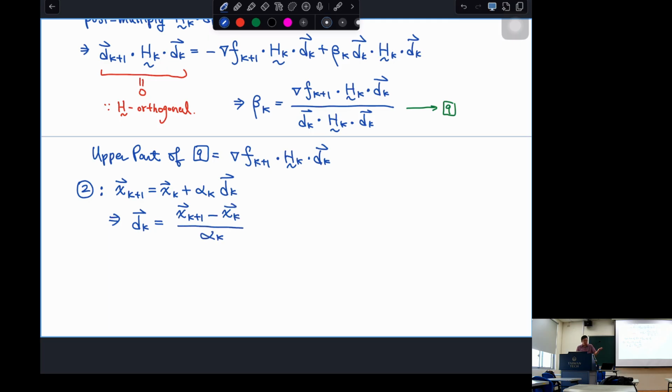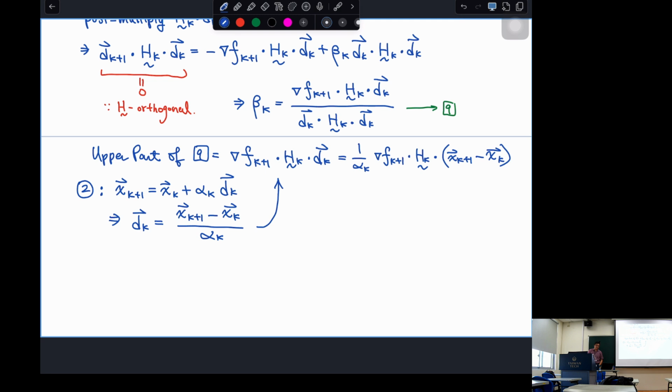Alpha is a scalar, so a vector can be divided by a scalar. That's fine. So we're going to use it to rewrite the upper part of 9. This becomes 1 over alpha k, and then gradient f k plus 1 dot Hk dot xk plus 1 minus xk.